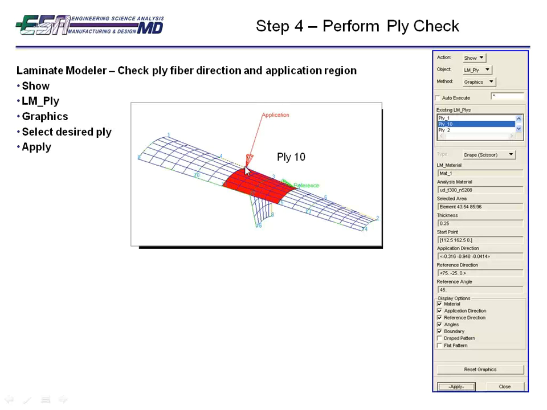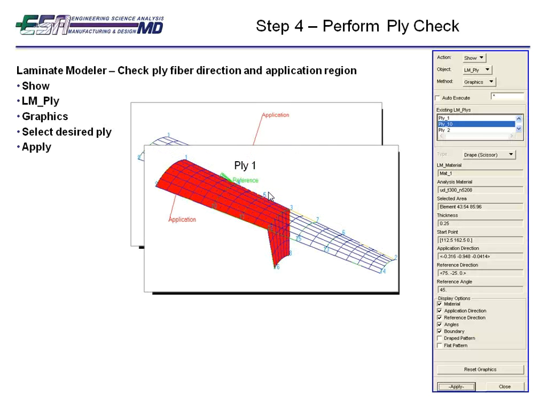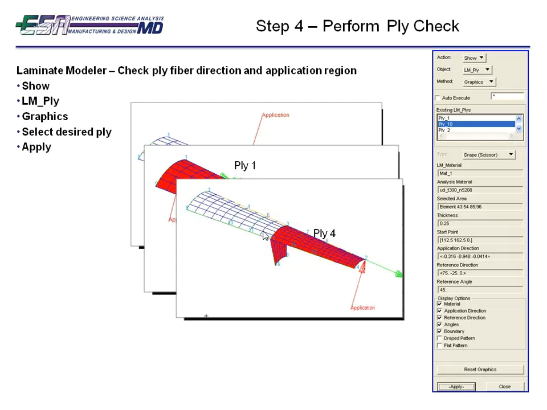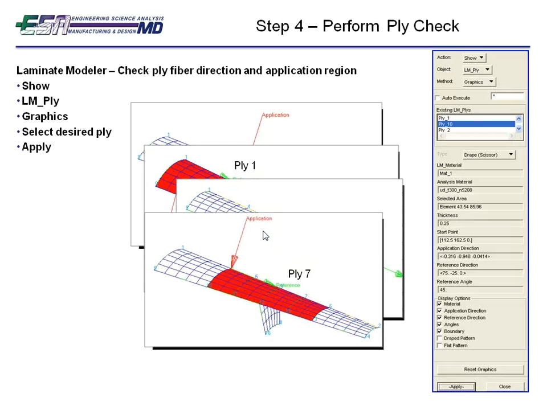It's oriented along this green reference vector, and it's occurring over surfaces 3 and 5. Same thing for ply 1. It is applied on the underside, hence the application vector on the underside of the fairing. Reference angle and orientation is along the reference angle and is applied on the surfaces indicated here. And so on and so forth for plies 4, 7, 9.